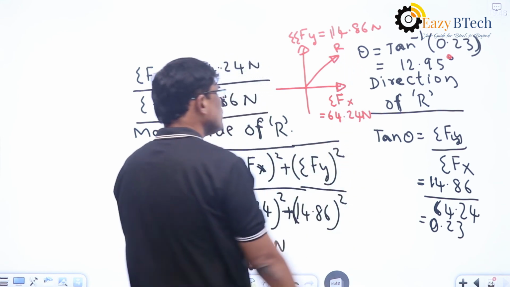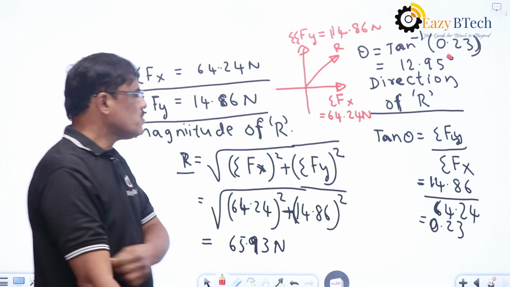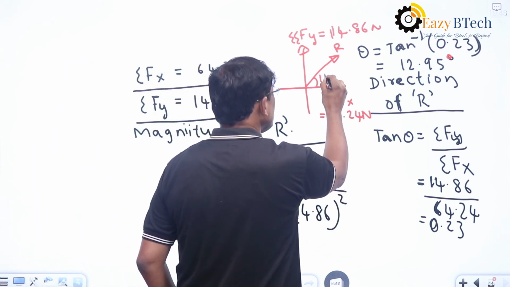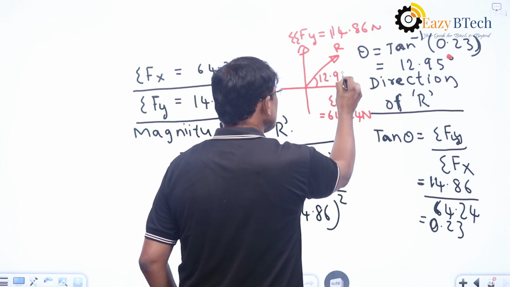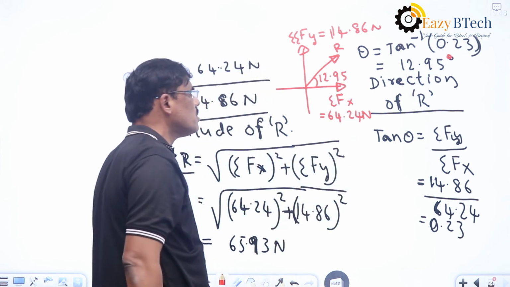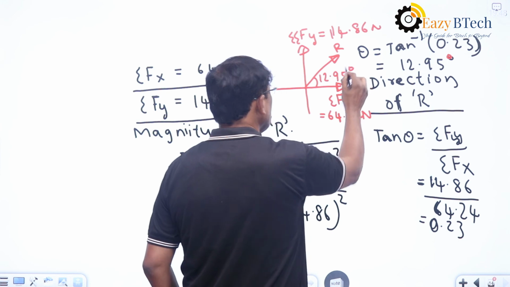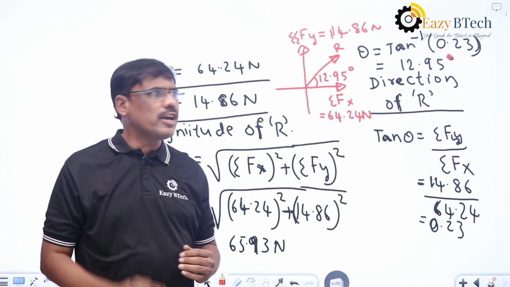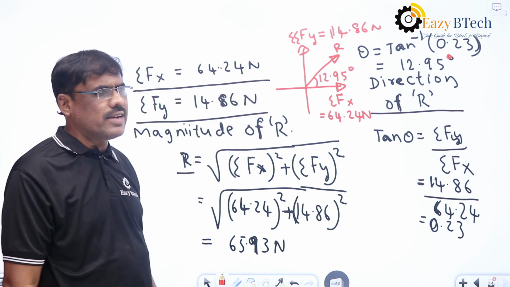This one is the resultant, and it makes an angle of 12.95 degrees with the x-axis. This is how the entire force system is equivalent to this resultant.